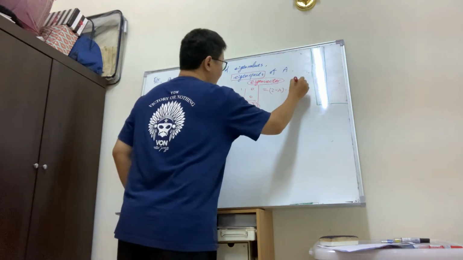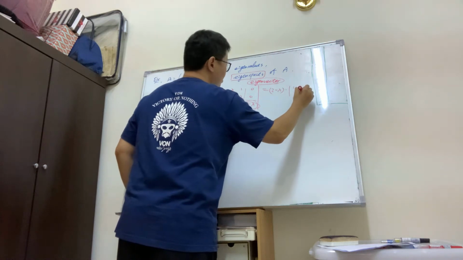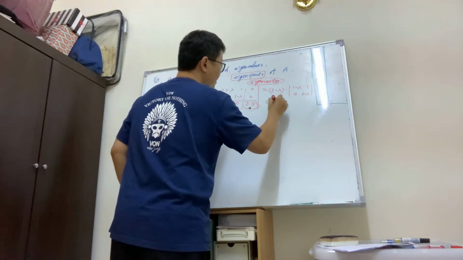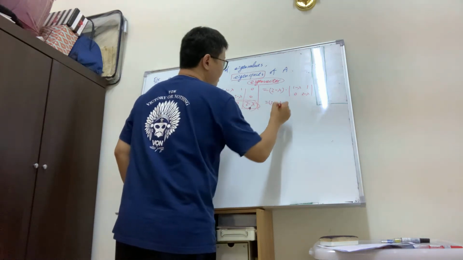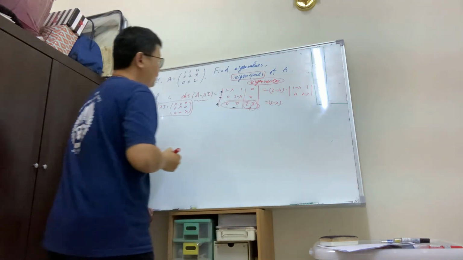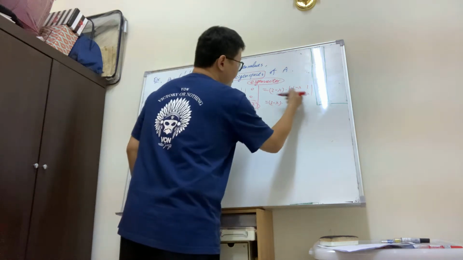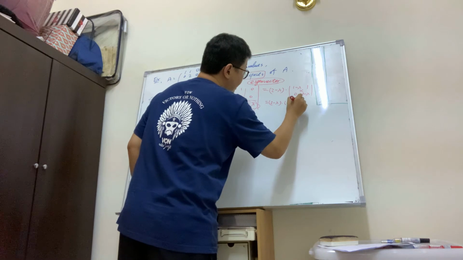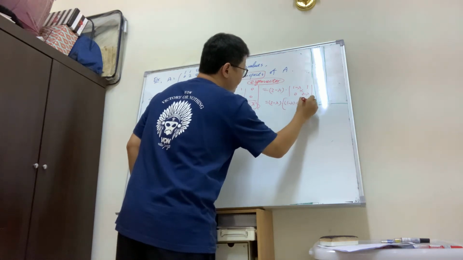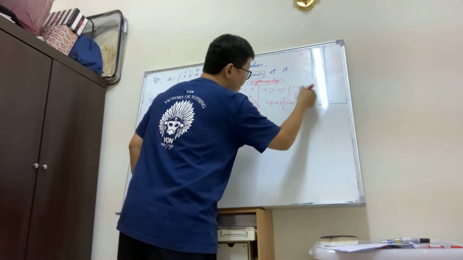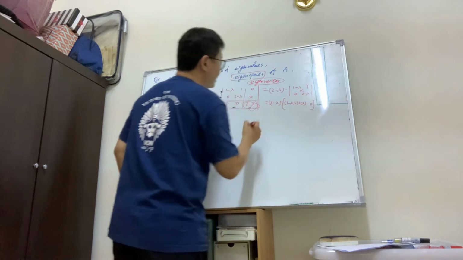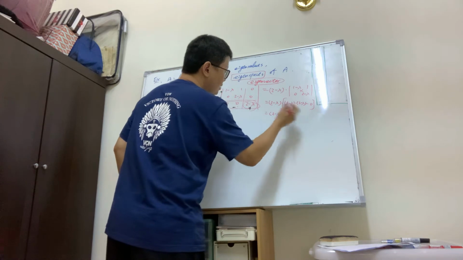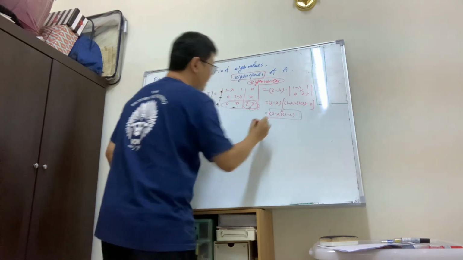We still have 1 minus lambda, 1, 0, 2 minus lambda. So it's 1 minus lambda times 2 minus lambda, minus 1 times 0, which is 0. So it's exactly 2 minus lambda, 1 minus lambda, 2 minus lambda.